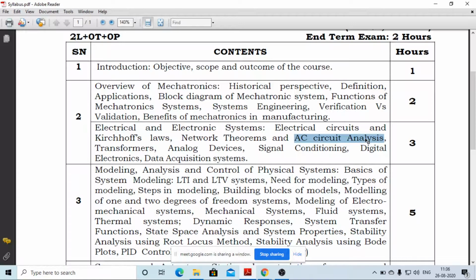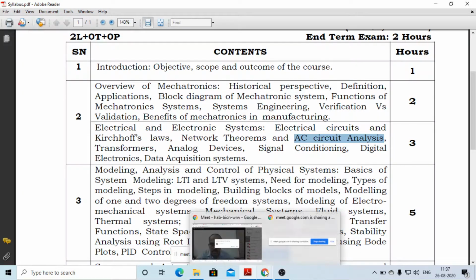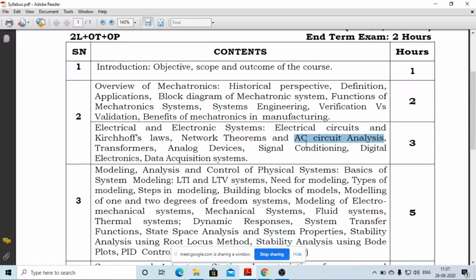If you see the behavior of an AC circuit, it is alternating in nature, so it sweeps equally on the positive side and the negative side. For any pure AC circuit, the average value is going to be 0, because generally the average value for any waveform is the area under the curve, considering the positive sign and the negative sign.